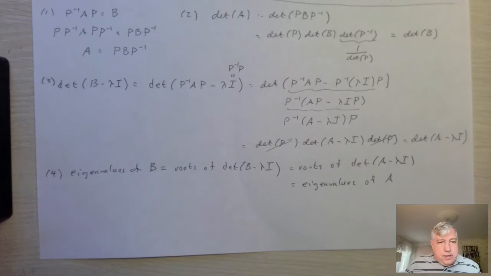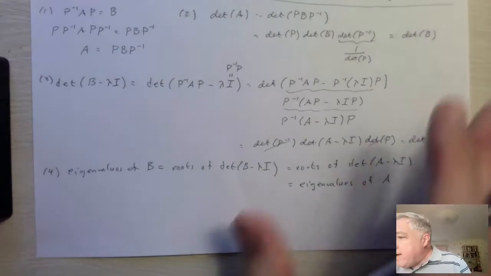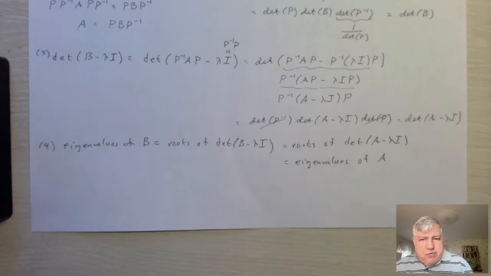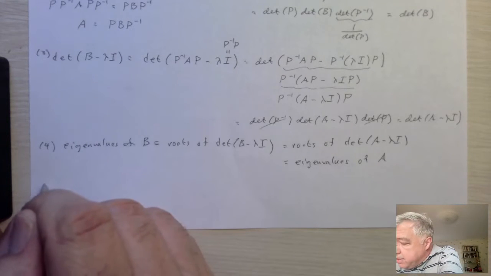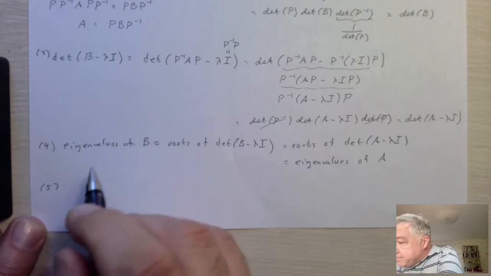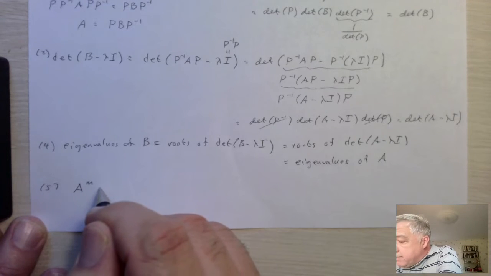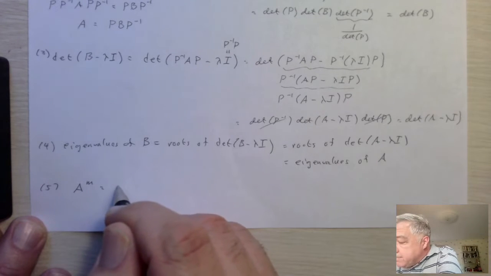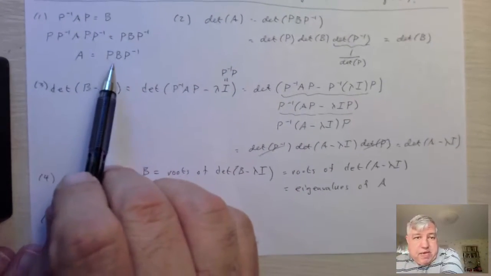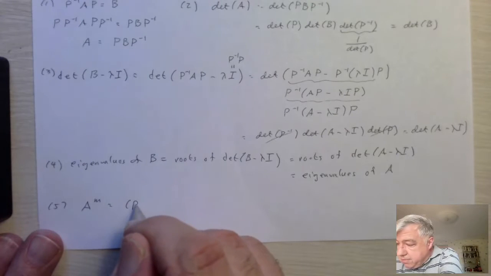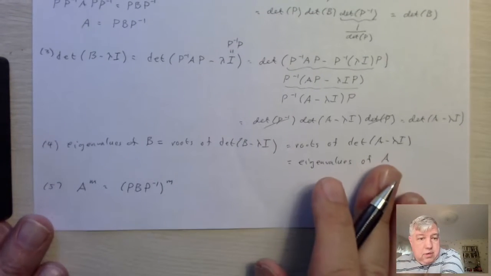To prove 5, we're using the same trick we used before in some of the examples. A to the M is PB P inverse to the M power.